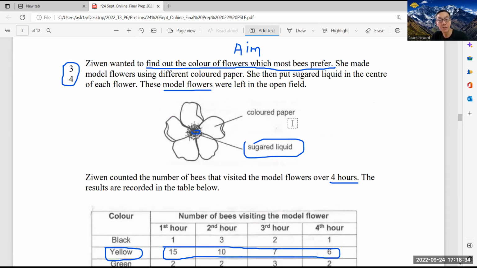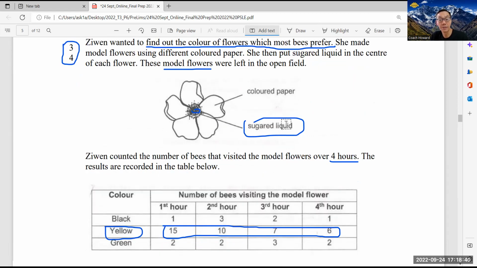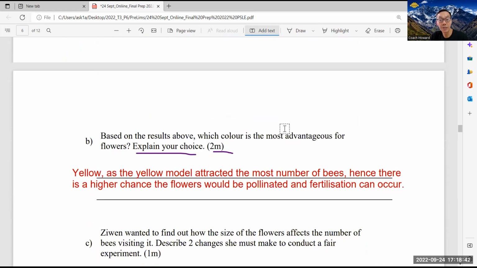They use not the real flower, but because they just want to test the color, they use model flowers. But in this question, they ask you which color is most advantageous for the flower. It means in real life, which color do you think is best for the flower? And then they ask you to explain your choice.